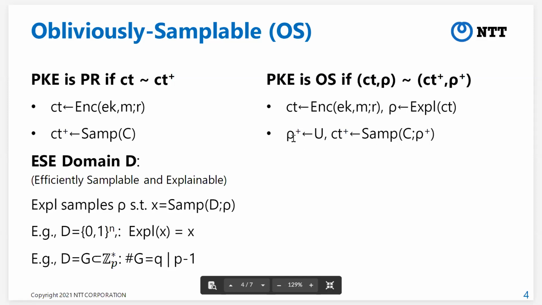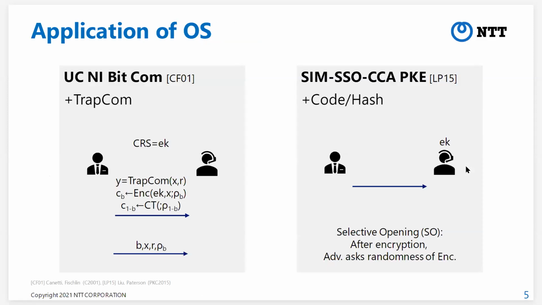Or this rho-prime is first chosen, then ciphertext CT-prime is generated by this randomness rho-prime. If we cannot distinguish those two, CT with rho and CT-prime with rho-prime, then we say the public key encryption is openly sampleable.